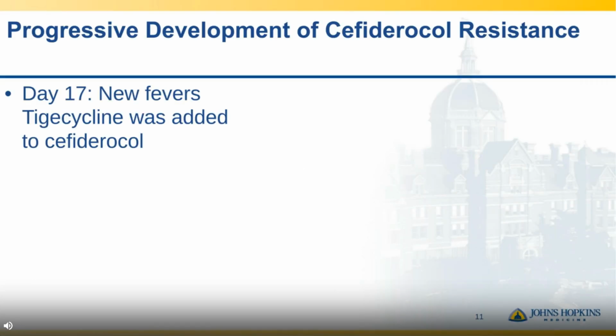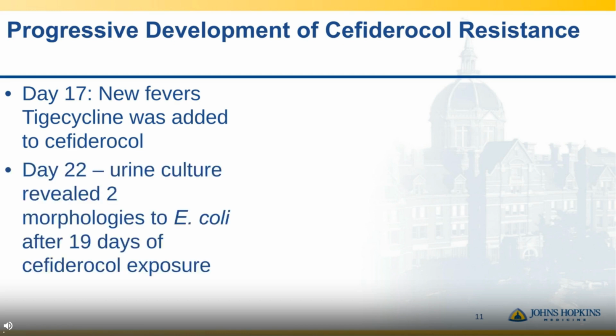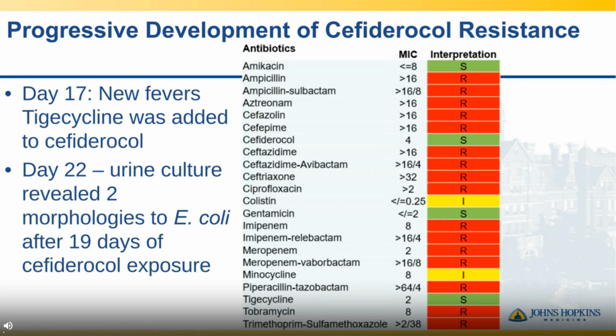So the patient unfortunately developed new fevers on day 17, and tigecycline was added to the cefiderocol at that point. And on day 22, a urine culture revealed 2 morphologies of E. coli after 19 days of cefiderocol exposure. And the first morphology demonstrated a slightly elevated MIC to cefiderocol as well as minocycline.